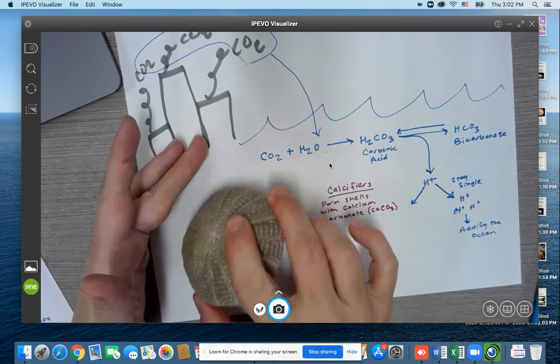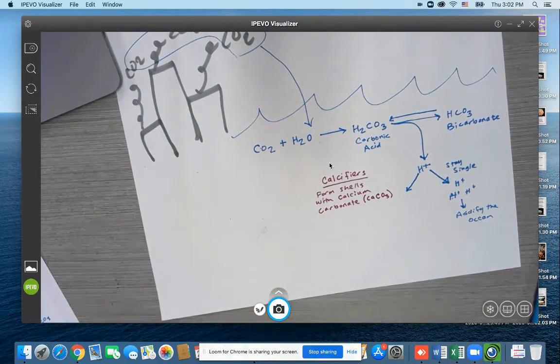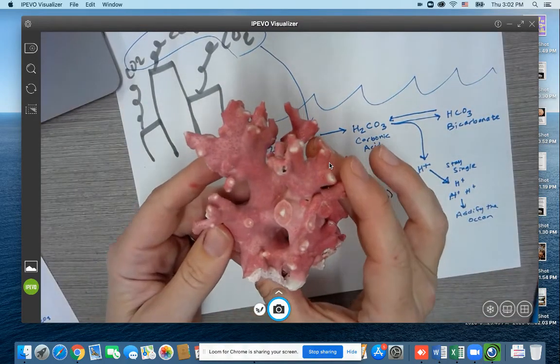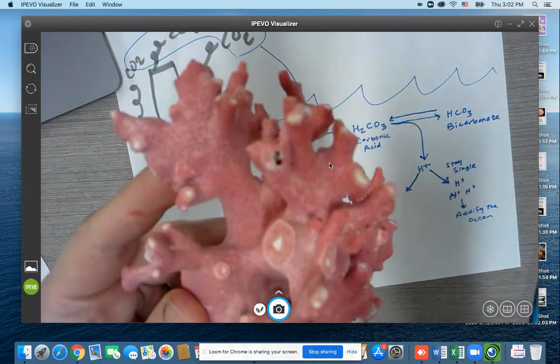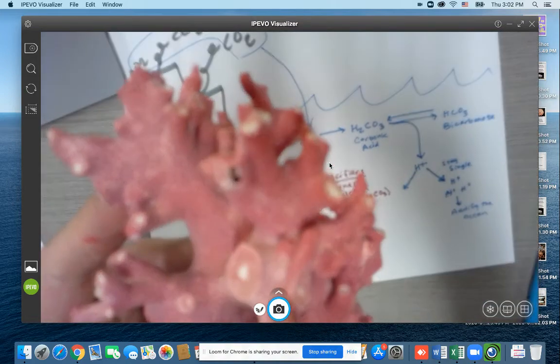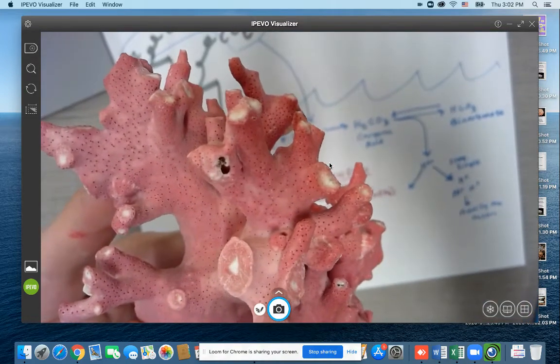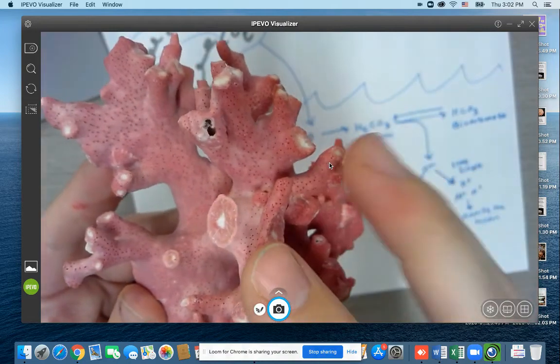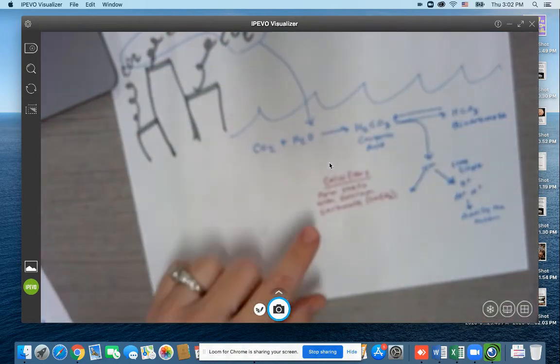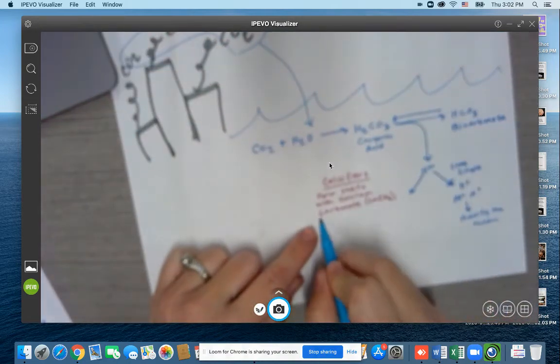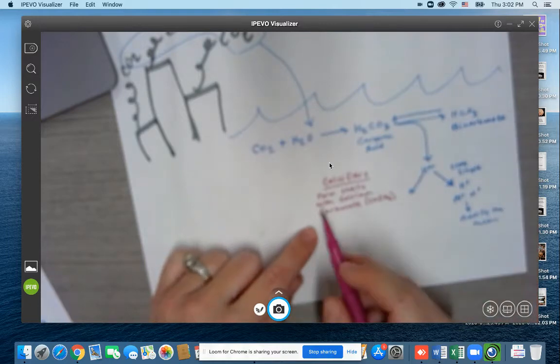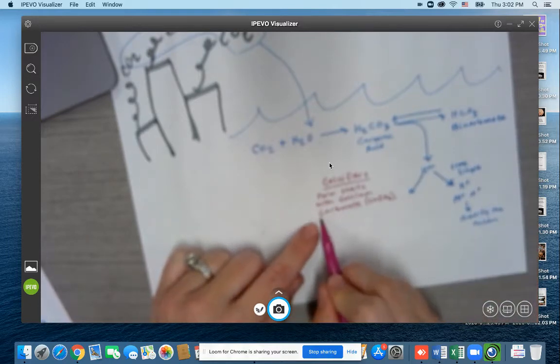Okay, calcium based. And last one I'll show you is this coral skeleton. You guys can see if you look really close inside of those holes, that's where the fleshy coral polyp lives, the actual animal. But this is the shell of the coral. All right, so these are going to be your calcifiers. These are going to rely on a very important substance that hydrogen is going to compete with it for.